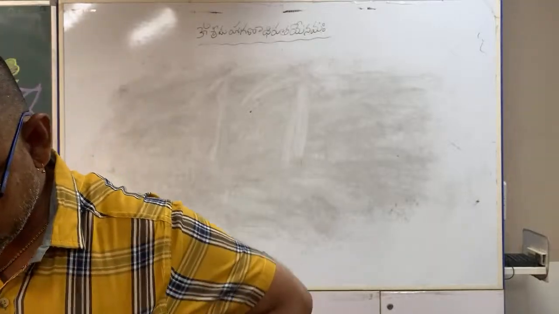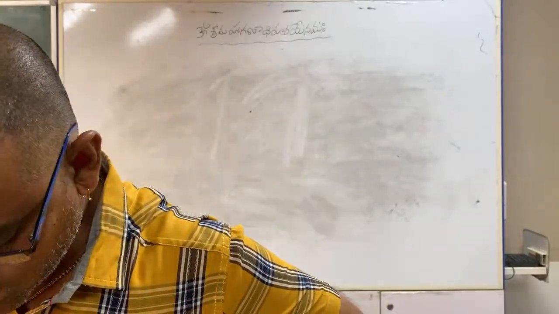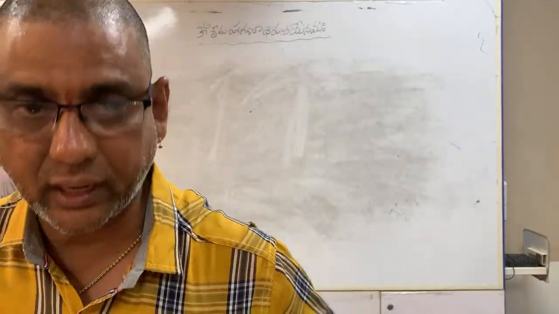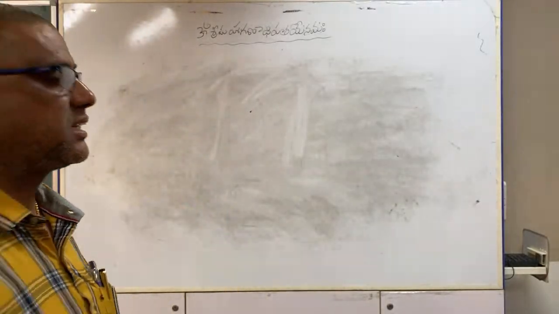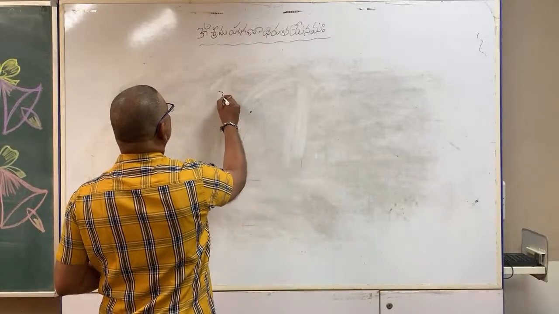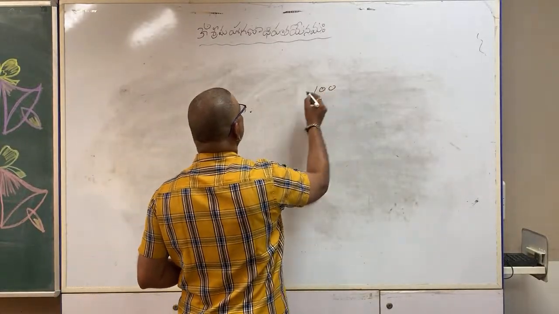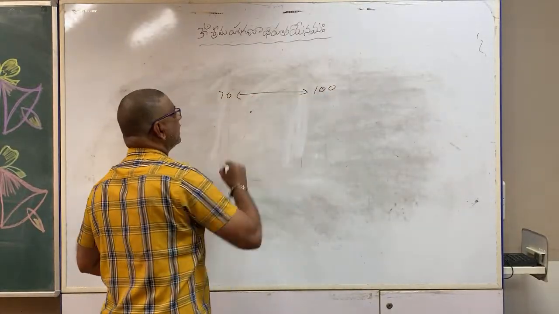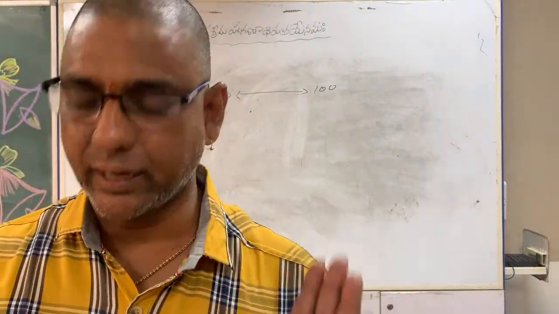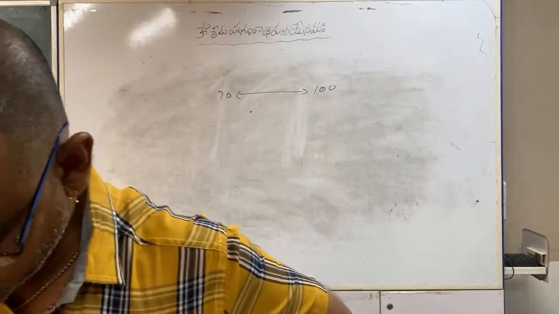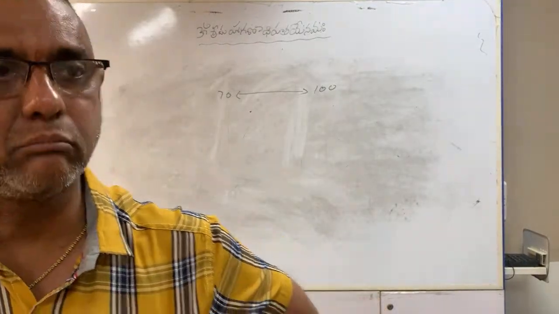An integer is chosen between 70 and 100. Between, right? You cannot consider 70 and 100 both. Don't consider 70 and don't consider 100. Find the probability that it is a prime number.